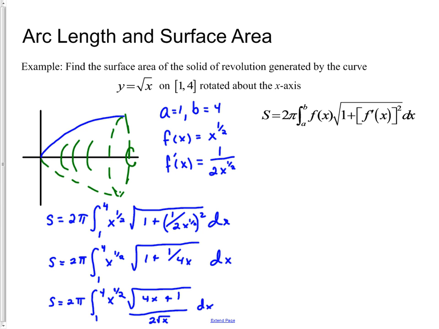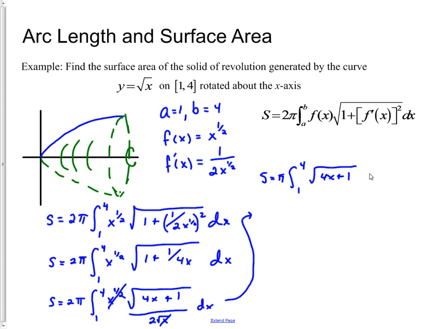We've got square root of x, and we've got square root of x out here, so those things go away. And of course, now we've got 1/2 in our integral, so once we've rewritten it completely, we get a surface area equal to pi times the integral from 1 to 4 of the square root of 4x plus 1 dx.